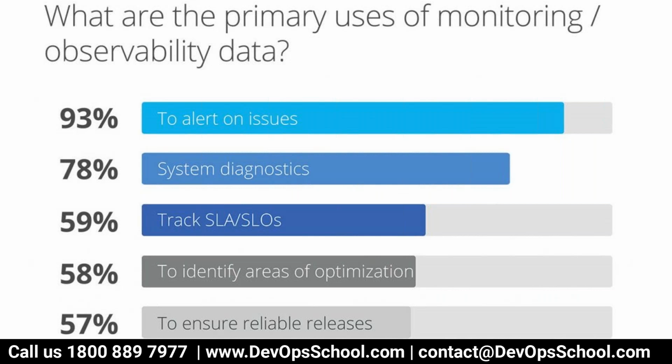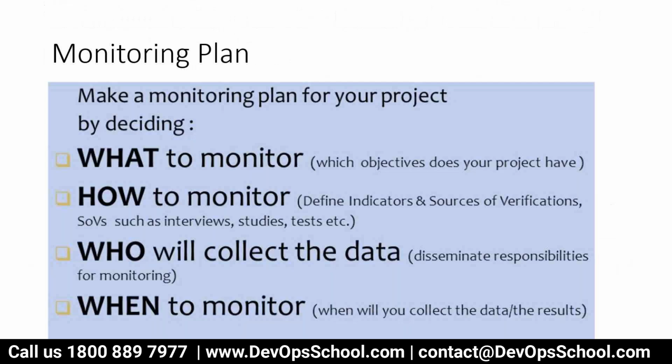We want to track SLAs and SLOs, service level agreement and service level objective. We want to track whether we are able to achieve the SLOs committed to the client or not. And also we want to identify areas of optimization and to ensure reliable releases. These are the primary reasons why we are doing monitoring.